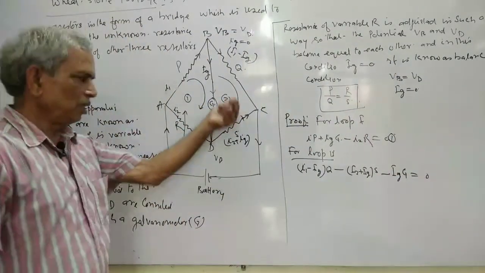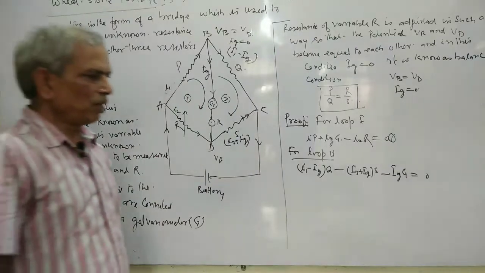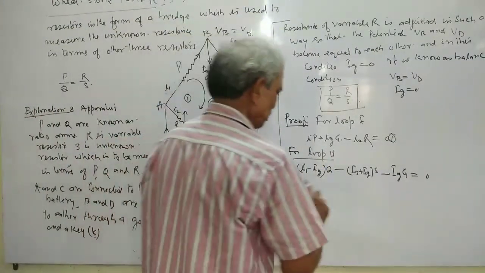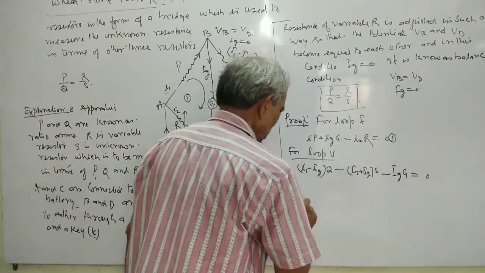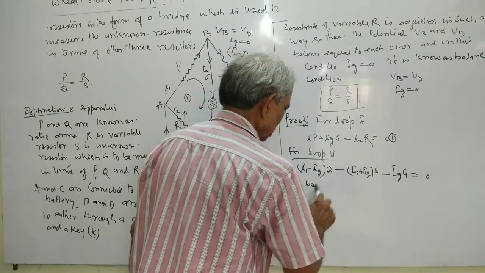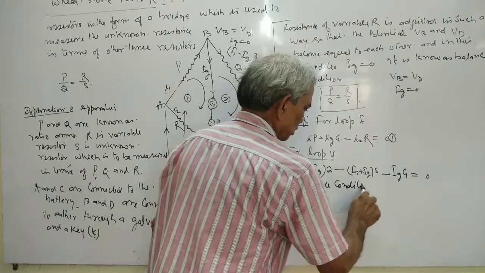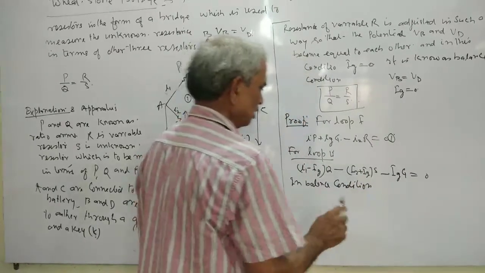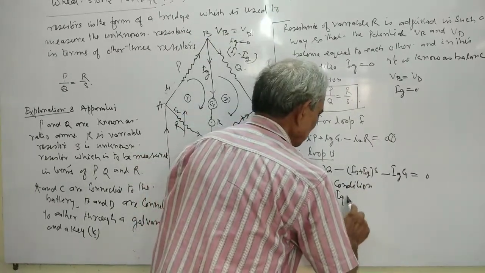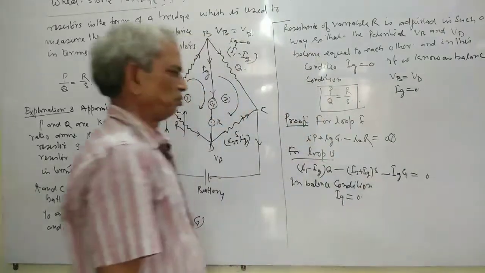There is no cell in this loop also. But in balance condition, Ig is equal to 0.